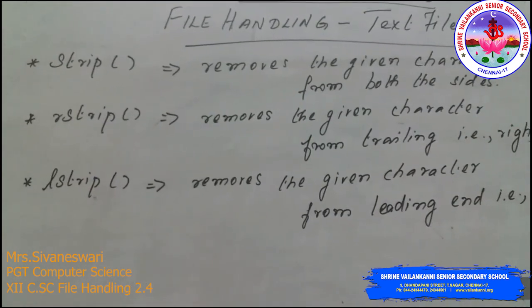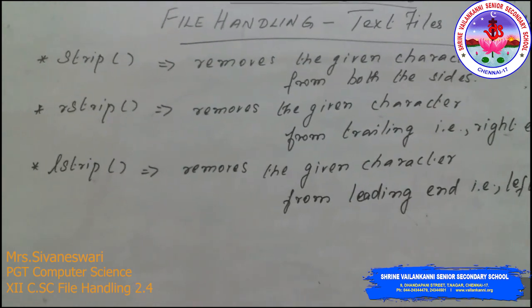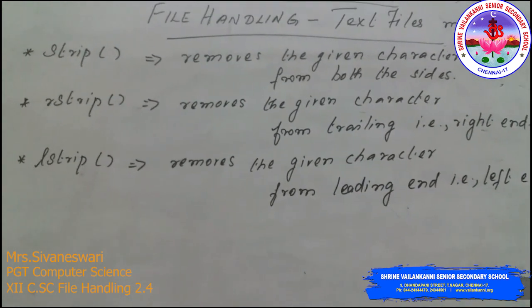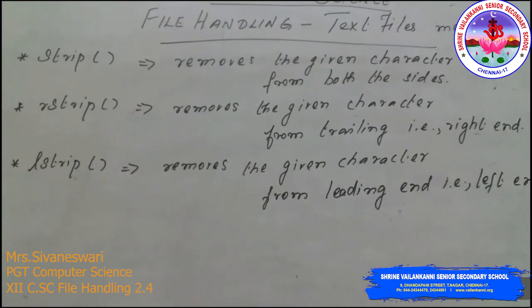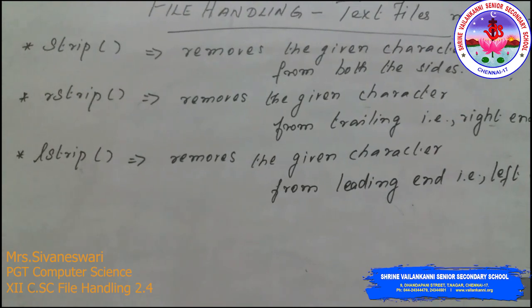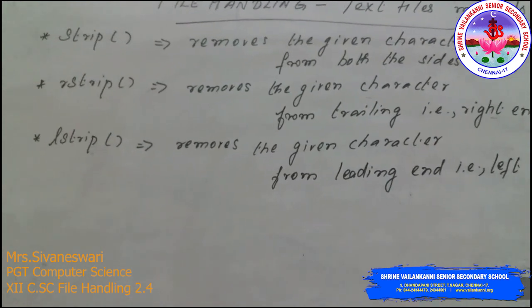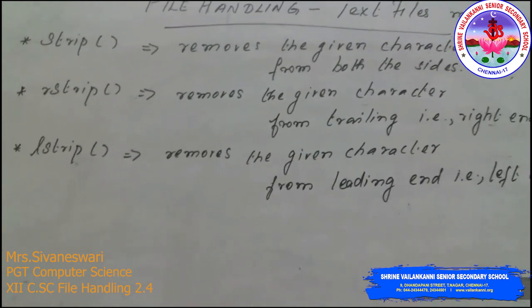strip() methods. We have three kinds of strip: strip(), rstrip(), that is right strip, and lstrip(), that is left strip. All three can take characters as arguments inside the methods.